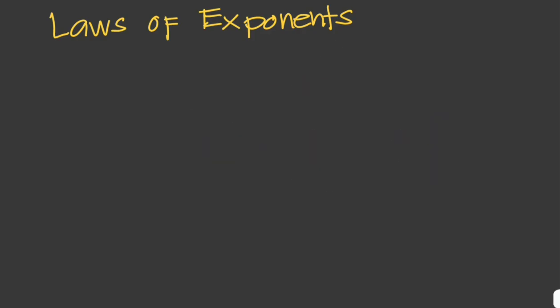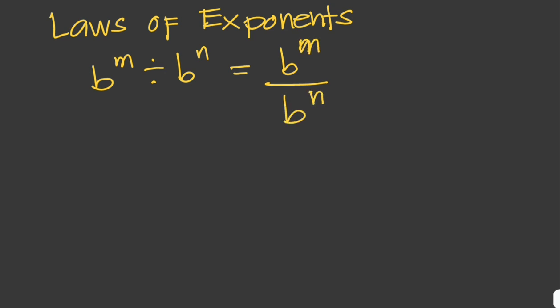And when dividing identical bases, we keep the same base and subtract the exponents. Let's say we're given b to the m divided by b to the n. We can rewrite this as b to the m over b to the n. We copy the base if the terms have the same base, and then we just subtract the exponents.